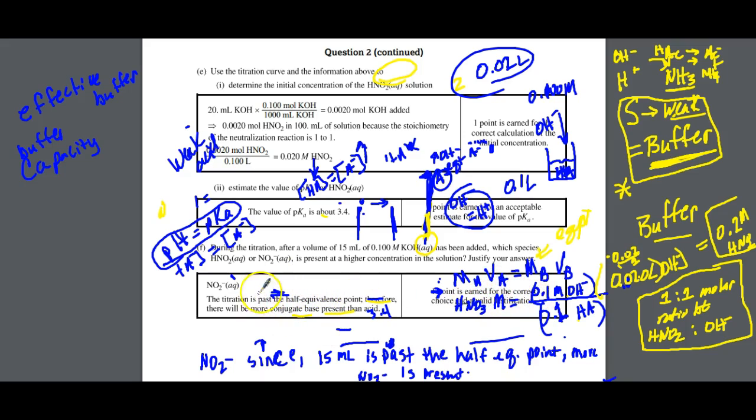So you had to get it all to get the point. So that was correct. Oh, look, they used the word past. Half equivalence point. Therefore, there will be more conjugate base present, and that is what we said. Okay. All right, so we got that point. Well, we lost a point because I can't write 20 milliliters is equal to 0.02 liters.